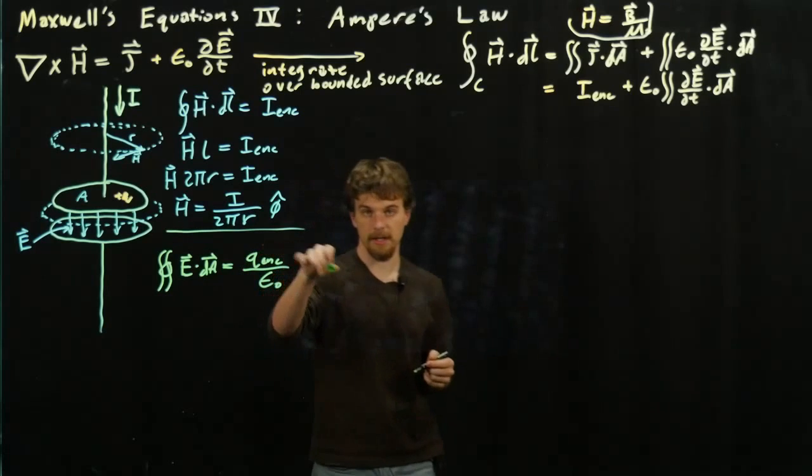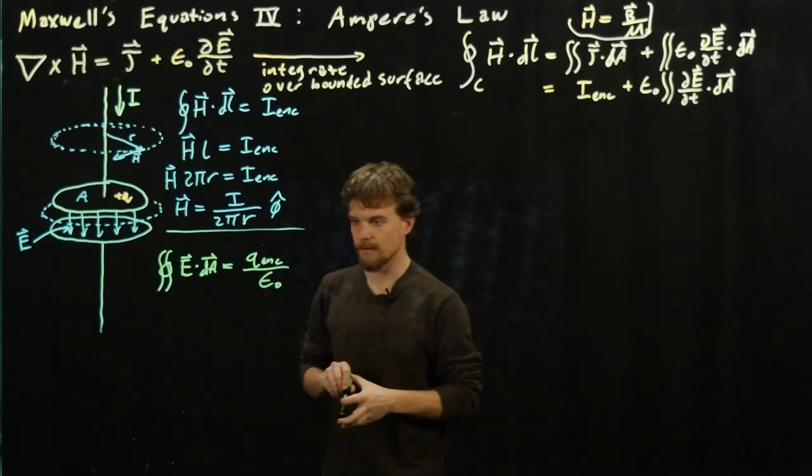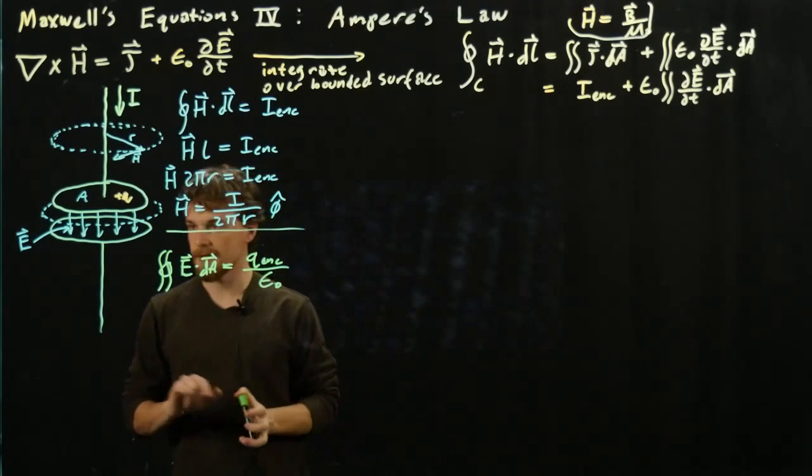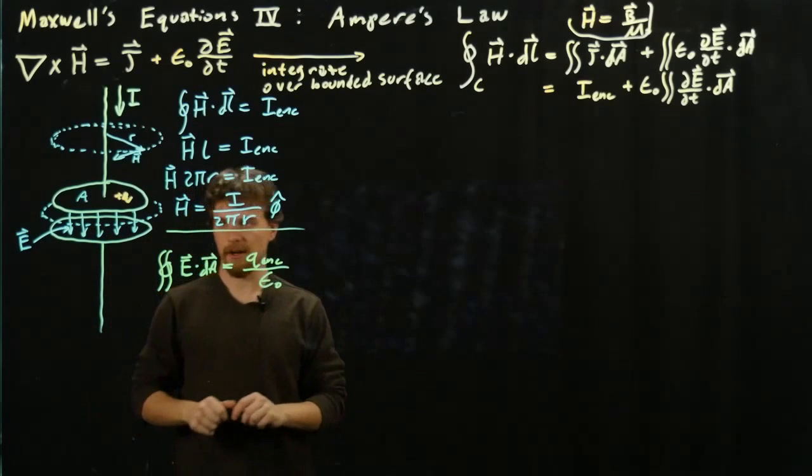You can find a pretty good explanation for this if you go back to the first video in this series. But we're going to use that to solve for the electric field here.